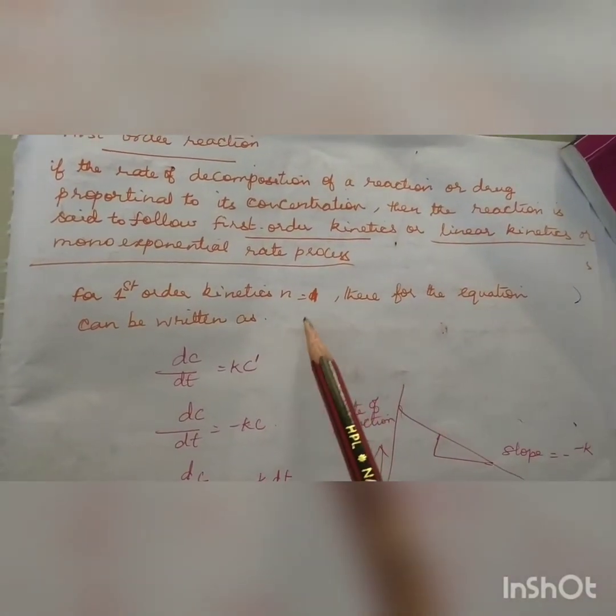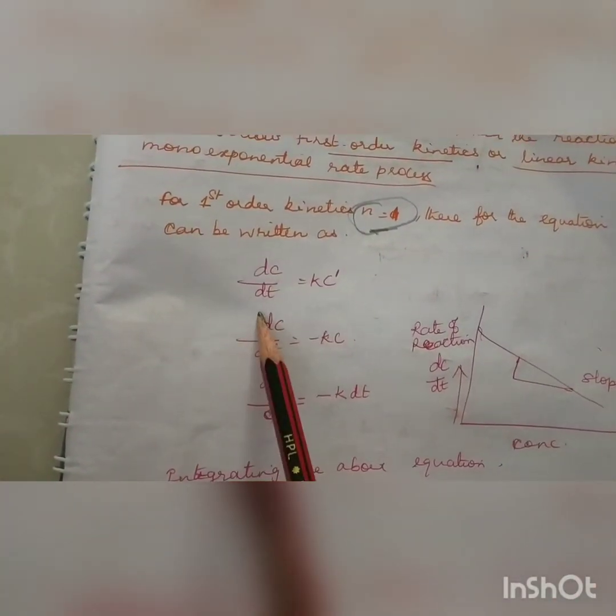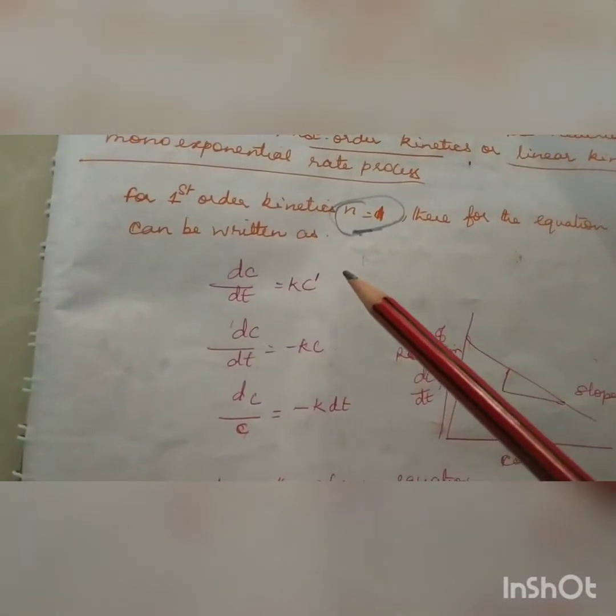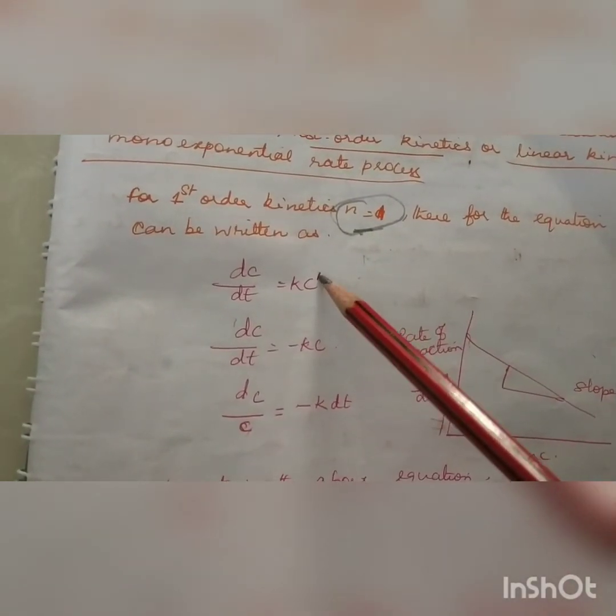So in the same equation, instead of n, if we substitute with 1, because this is a first order reaction, we can get the equation like this. The rate of reaction, instead of this 1, we will have n, right?